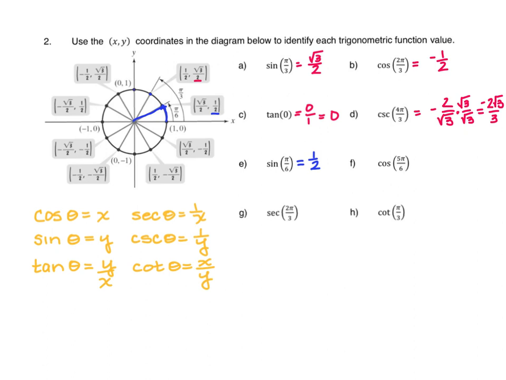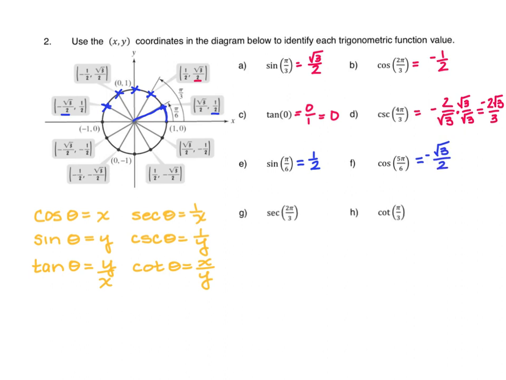And then it's 4 pi over 6, but that would reduce to 2 pi over 3. And then the next one is 5 pi over 6, so it's right here. So it was 1, 2, 3, 4, 5. That's how I found 5 pi over 6. And at 5 pi over 6, the cosine there is the x value, and that looks like negative radical 3 over 2. So we're done with that one.